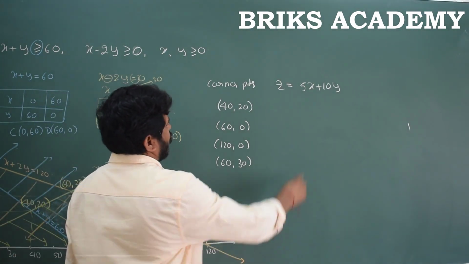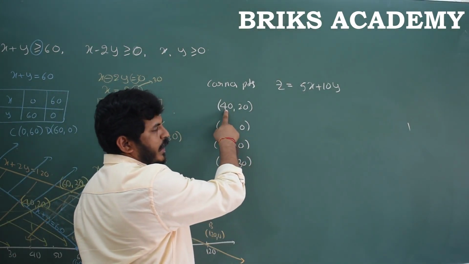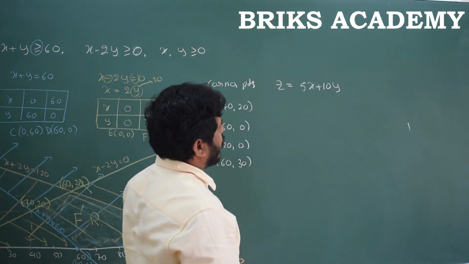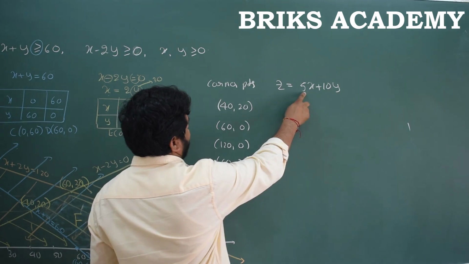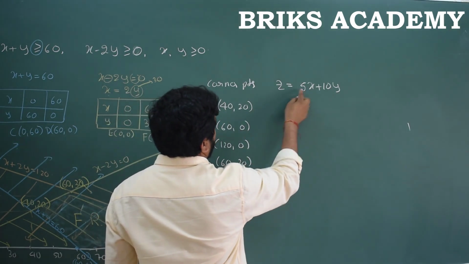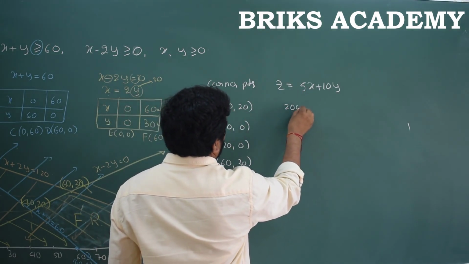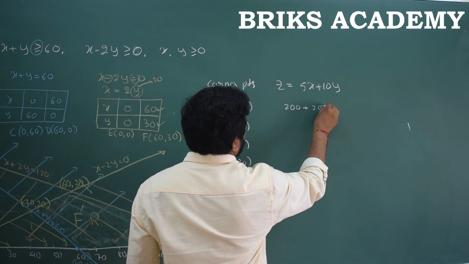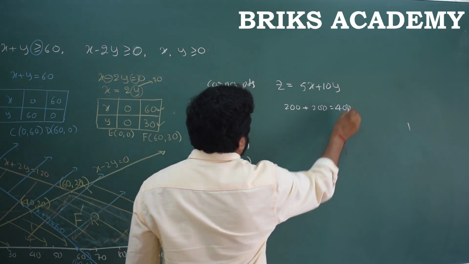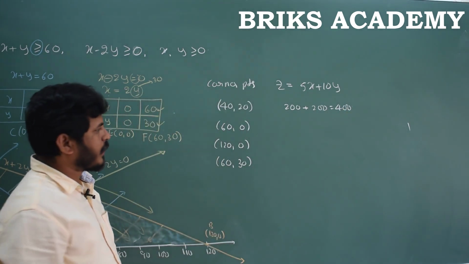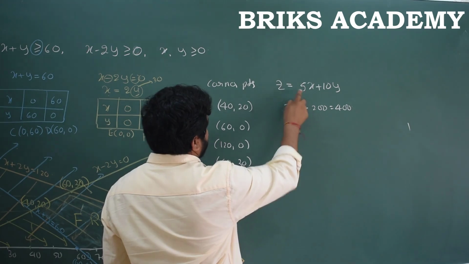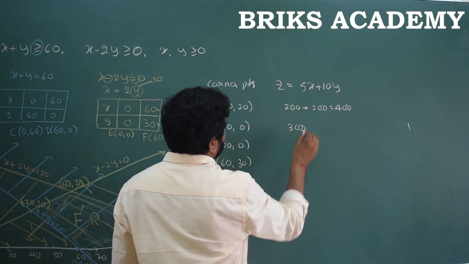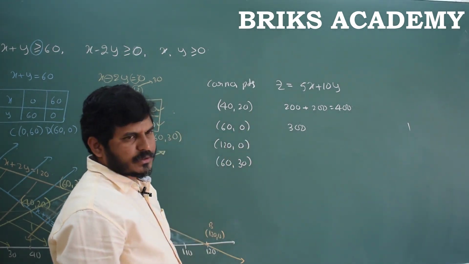Z is equal to 5 into 40 plus 10 into 20. That is 5 fours are 20, 200, plus 10 into 2, that is 200. It is equal to 400. Similarly, putting 60 there, 5 sixes are 300, and y is 0.